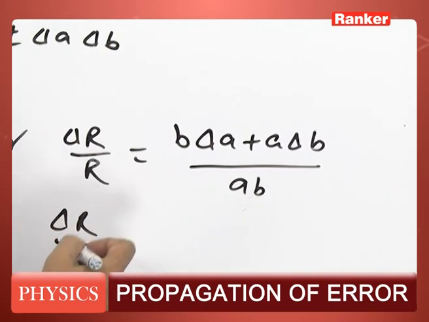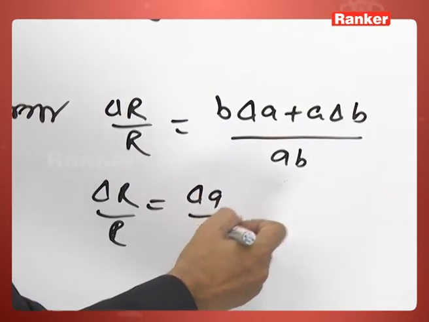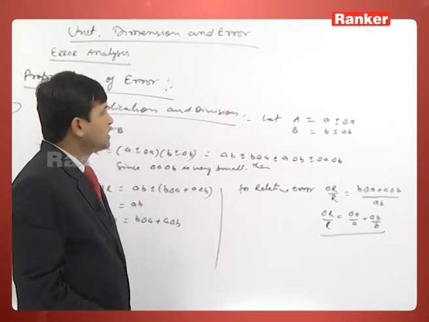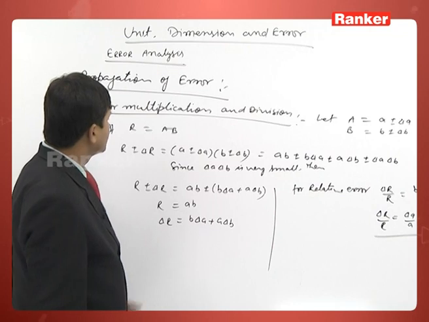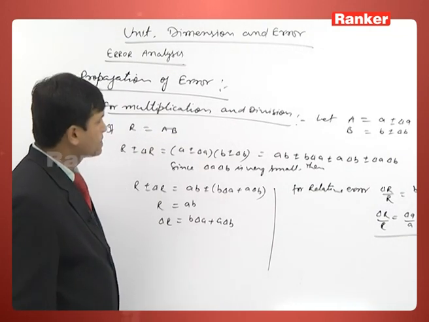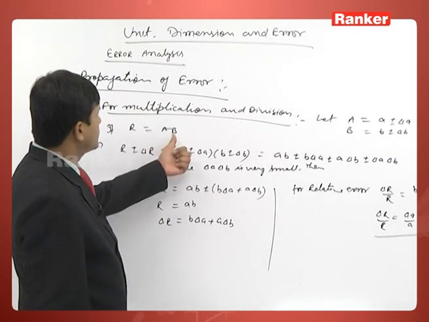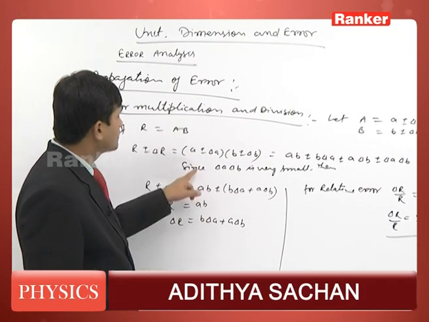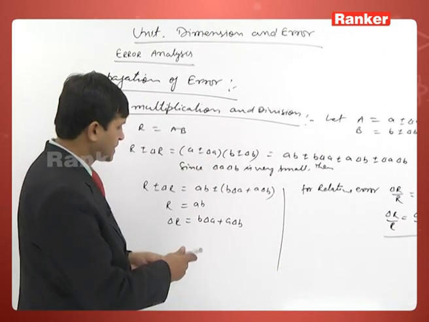So, delta R by R is delta A by A plus delta B by B. This is the way by which we can calculate the error. Similarly, if it has some power, we can also get it. In place of AB, suppose it is A square. A square means these two quantities are multiplied together. We will see like that.